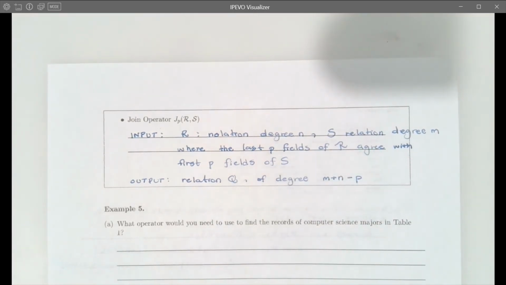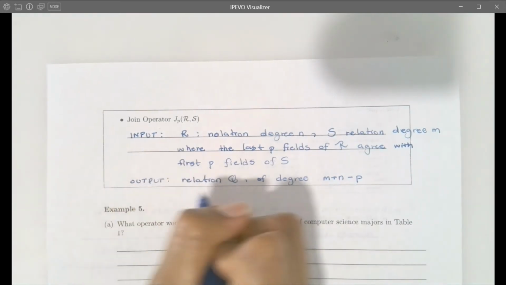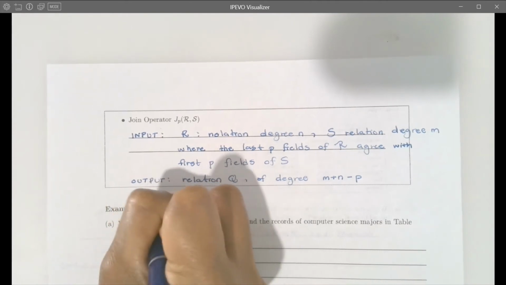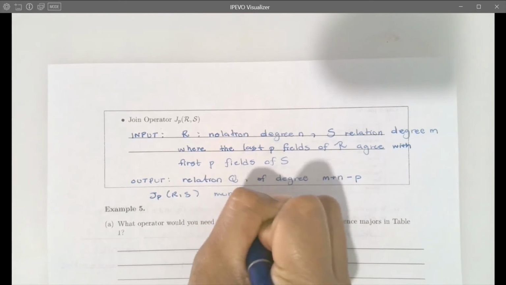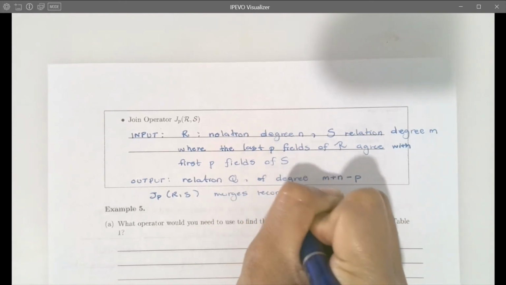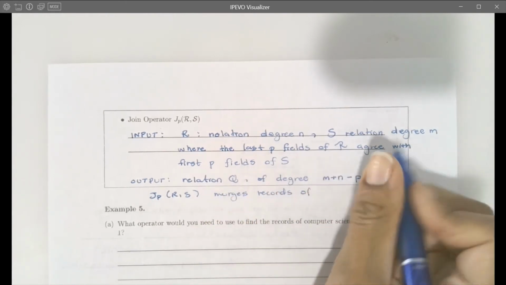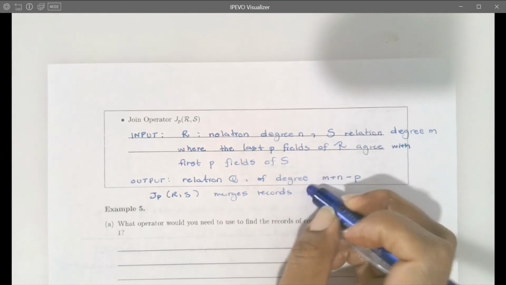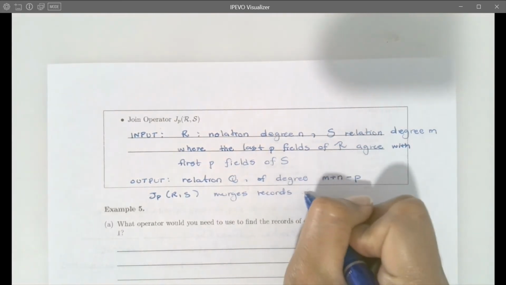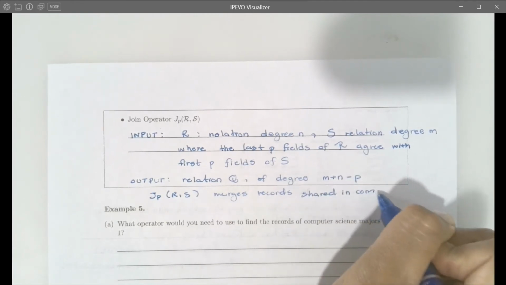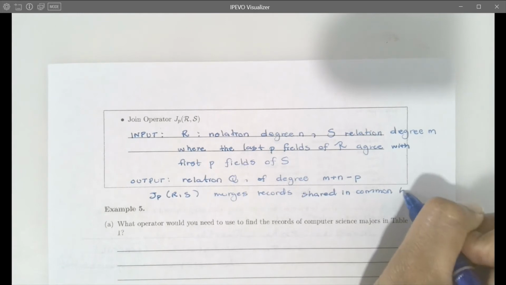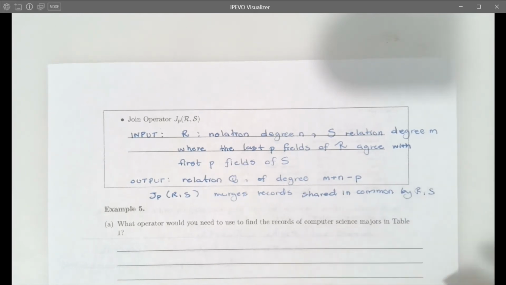So basically what it's going to do is merge the records shared in common by R and S.